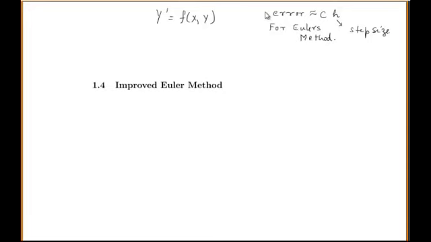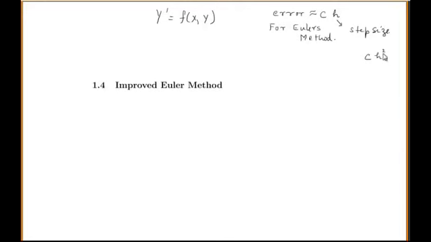Now, from the previous method, can we improve the error, in the sense that can we get an error of higher order than the first order? Higher order in the sense that, say, a constant c times h square or constant times h cube. If it is constant times h square, it will be second order accuracy.